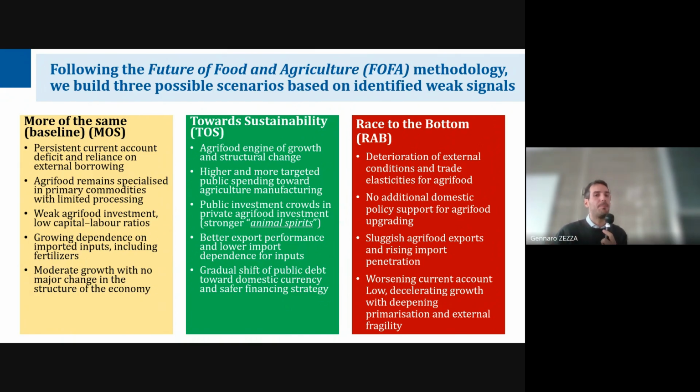We imagine higher and higher spending from the public sector, targeted toward agricultural manufacturing, because it has many leakages in the upper and lower value chain, and also because it has many spillovers, at least the literature says so, in terms of technological advancement for the agri-food sector.